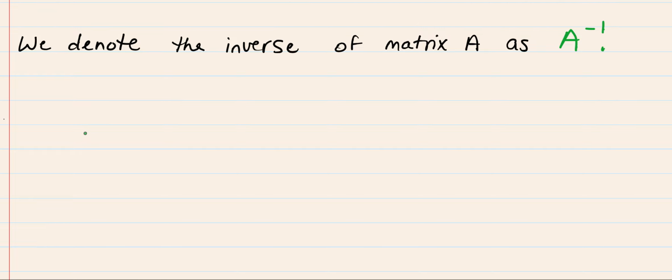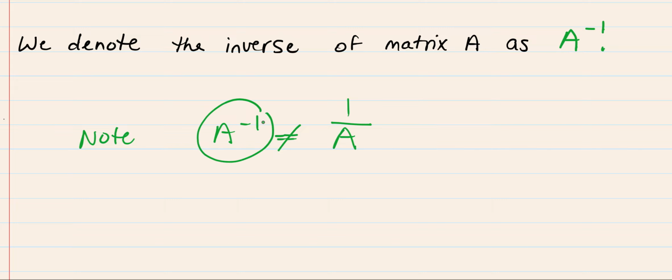Now something to note, A to the negative 1 does not equal 1 over A. We're never going to divide a number by a matrix. That doesn't make any sense. We've never talked about doing things like that. So this is just how we denote the inverse. It does not equal 1 over that matrix.